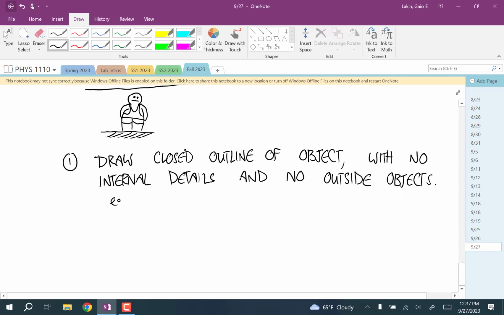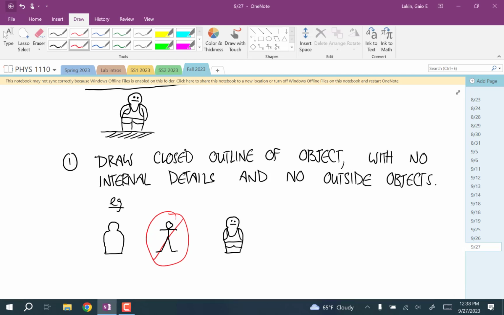So for example, if the object that you're analyzing is this man, something like this is the outline, okay? What you don't want to do is, so here's one thing you don't want to do, because it doesn't clearly show the outline. You don't want to do this because there's internal details in that.